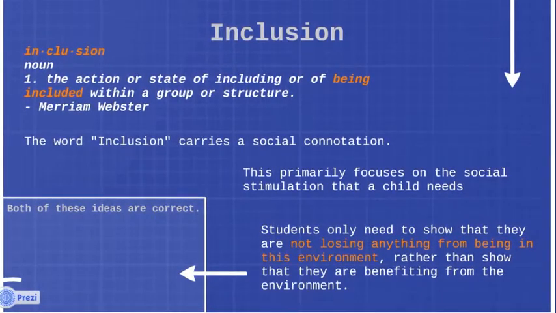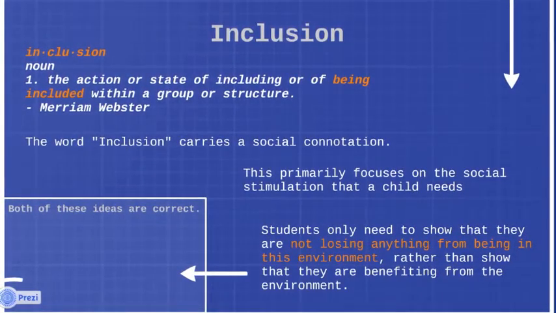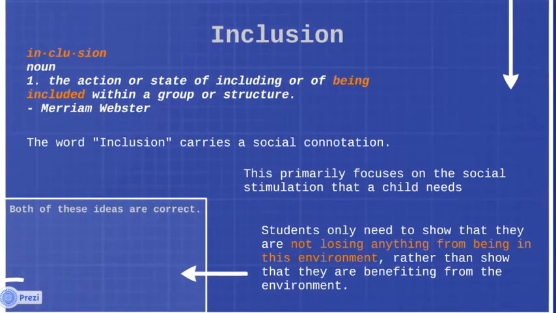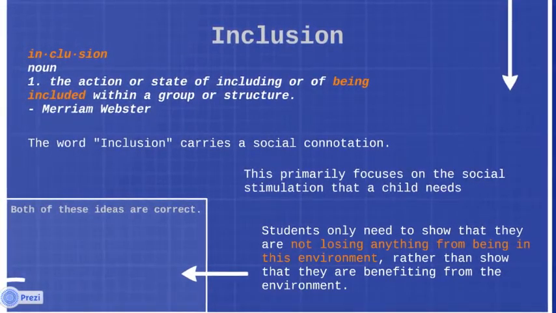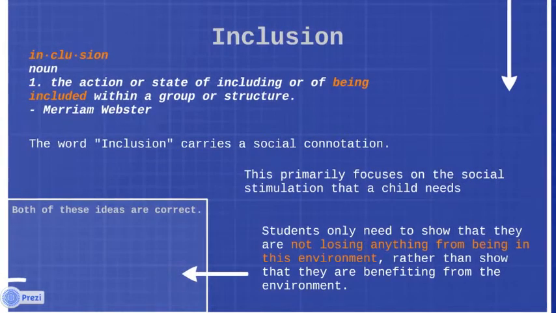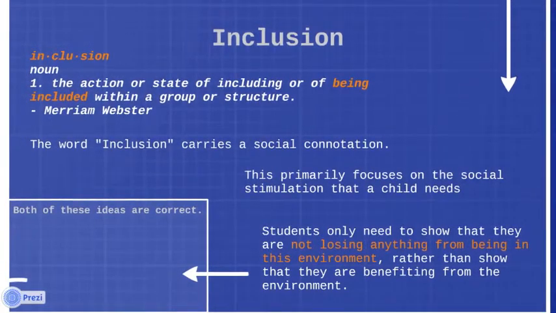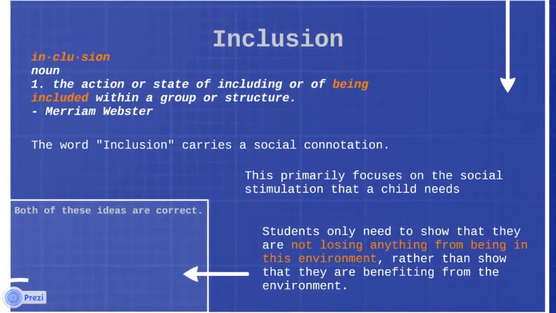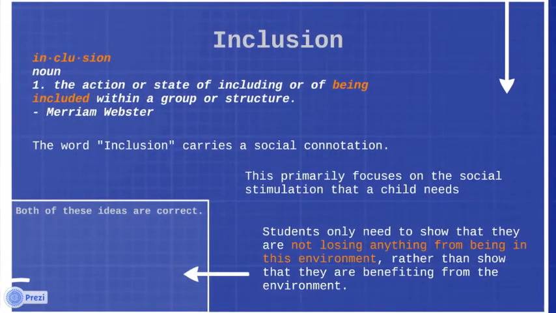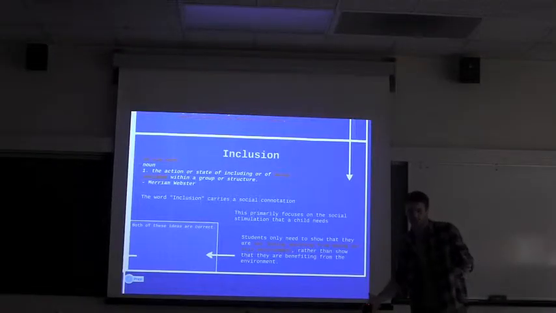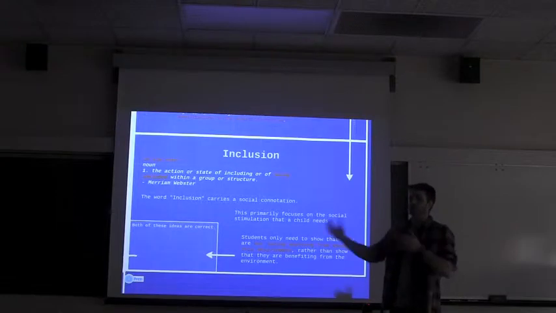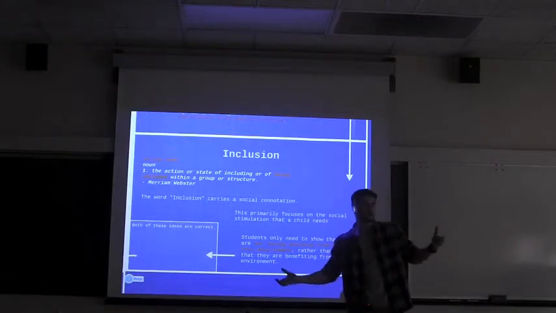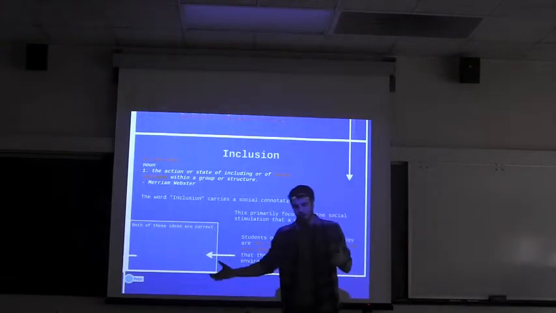And so this primarily focuses on the social stimulation that a child needs, and it fails to address the academic focus. But the idea behind inclusion is that a student needs to only show that they aren't losing anything from being in this environment. In least restrictive environment, traditionally it was called mainstreaming. That was like the first idea of least restrictive environment.